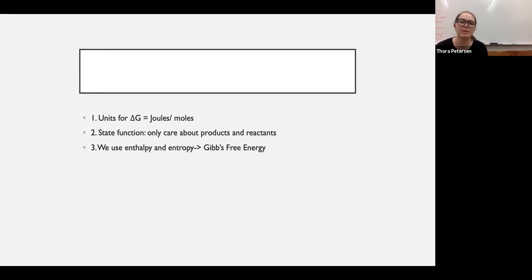I think in class we talked about driving or flying. A state function just doesn't matter how you're getting to a certain place. It's only the beginning and the end that matter. And also another thing to remember is that we use enthalpy and entropy.